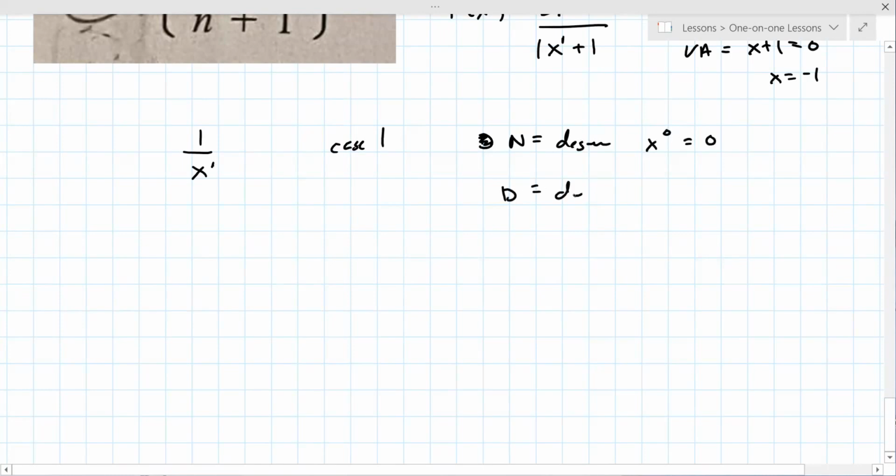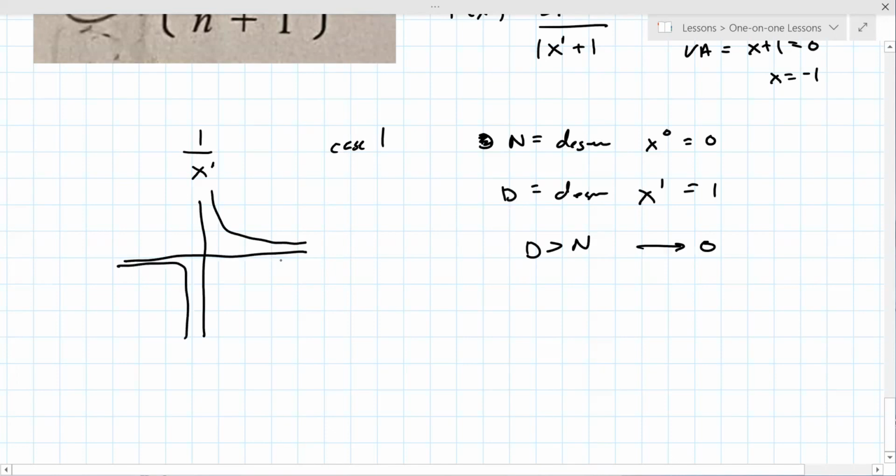The denominator has degree 1 because it's x to the 1. When the denominator is greater than the numerator, this thing always goes to 0. So if you were to graph 1 over x, it looks like this and like this. So over here on the right, this approaches 0. Do you remember that? Yeah.